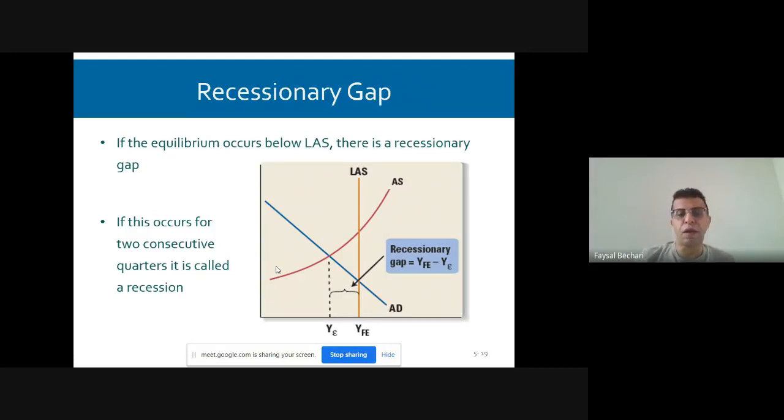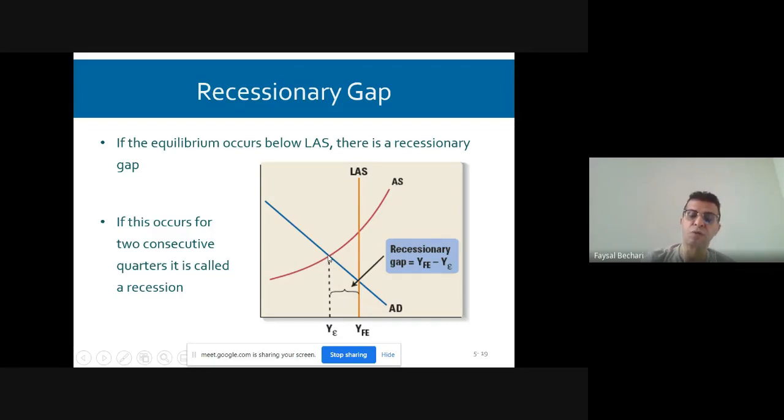Now, in a recessionary gap, if the equilibrium happens below the long run aggregate supply, there is a recessionary gap. Aggregate demand and aggregate supply meet here, and the long-term aggregate supply is here, at the potential real GDP. So we are talking about a recession, because there is a potential real GDP here, but for some reason it is shifting inward.